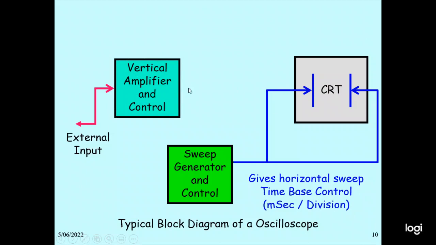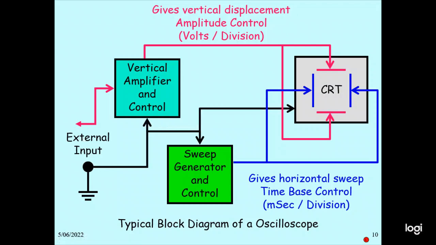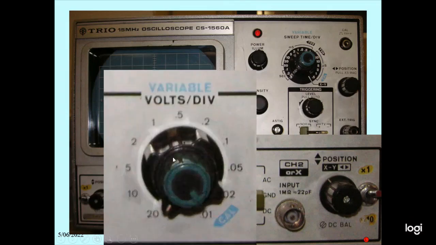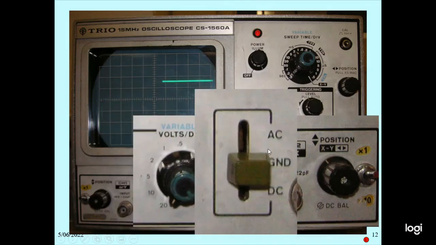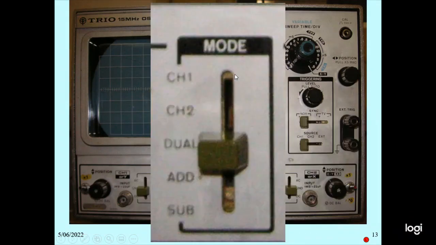With the vertical amplifier control we can adjust the volts per division. The vertical displacement control is connected to the external input. This is the ground connection. So this is the volts per division for the external control, and this is the AC, ground, DC selector. We can also connect it to channel 1, channel 2, dual mode.